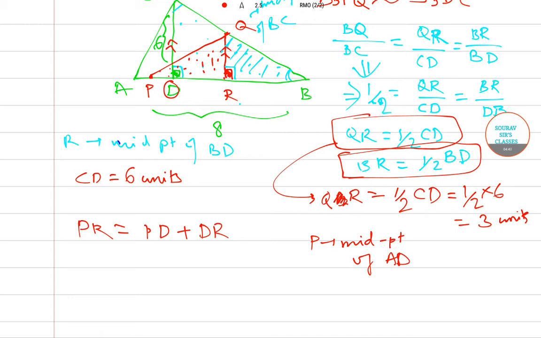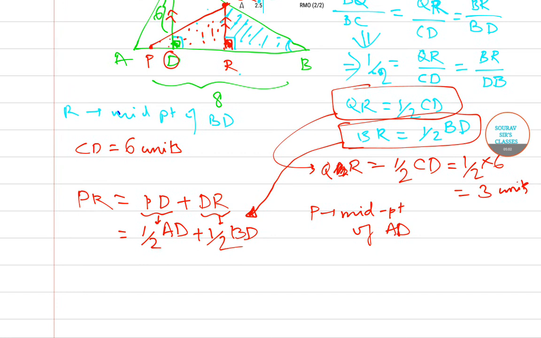We have named it P, so PD will be half of AD, and DR will be half of BD, since this is the relation we have got.